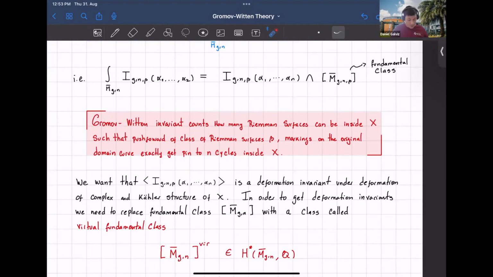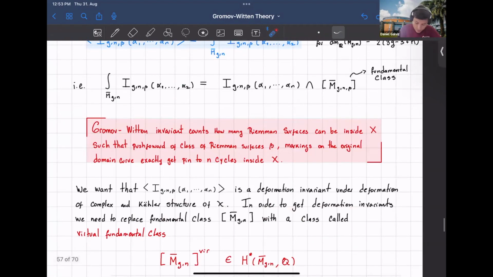And then we want this Gromov-Witten invariant to be deformation invariant, because, as I mentioned before when I was talking about Calabi-Yaus, Calabi-Yaus can have deformations. This has a physics interpretation, but I'm running out of time.